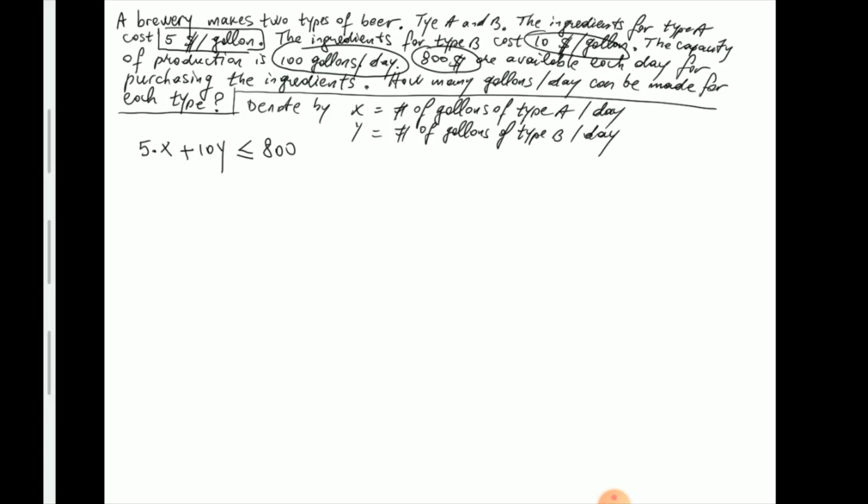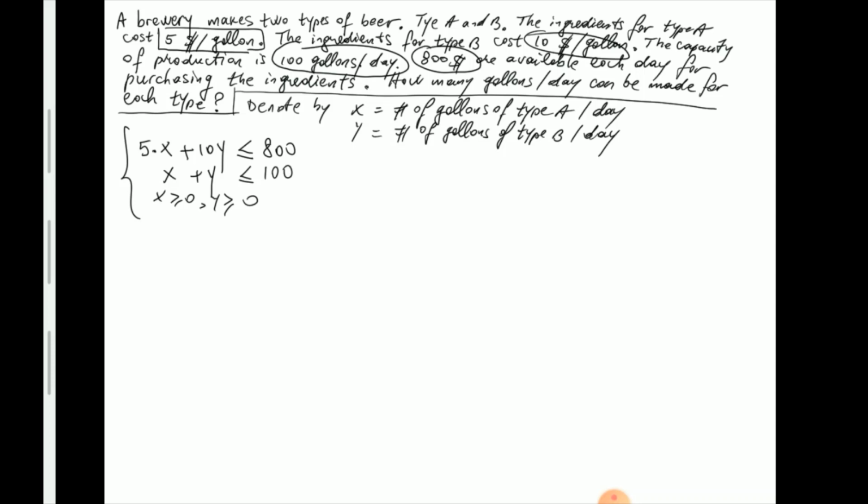Altogether, you cannot produce more than 100 gallons, which means X plus Y, which represent the number of gallons, cannot exceed 100. So that means it should be less than or equal to 100. And of course, another restriction is that you can't have a negative quantity of gallons. That'll be really fun and sad at the same time. Both X and Y should be positive.